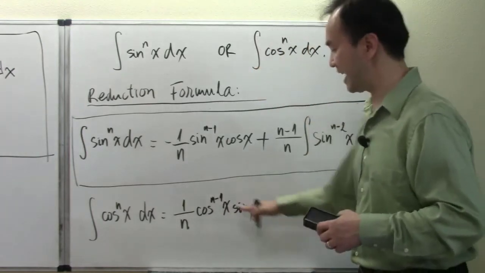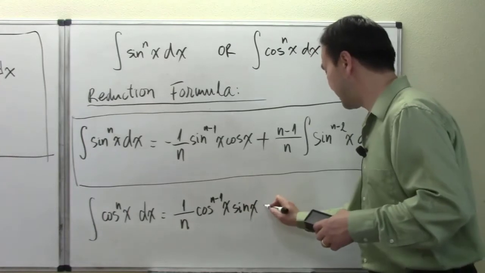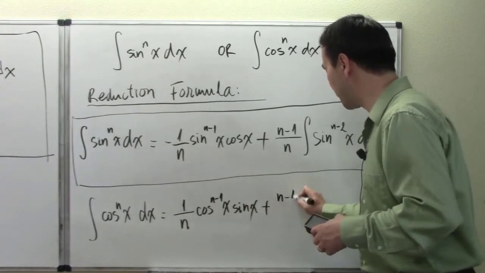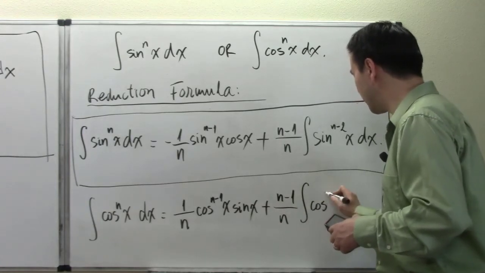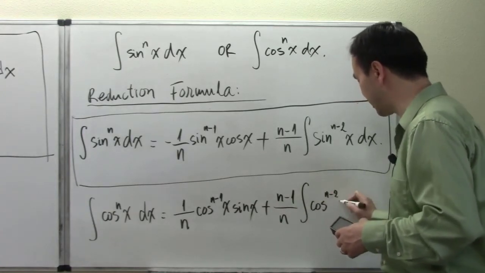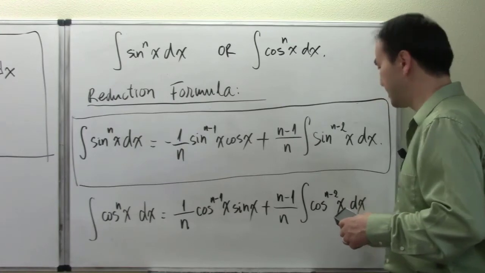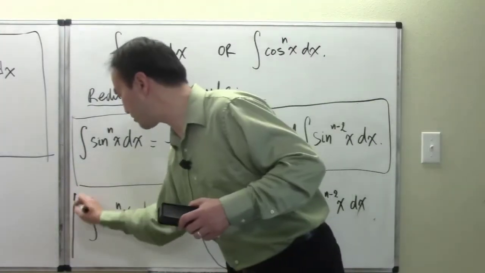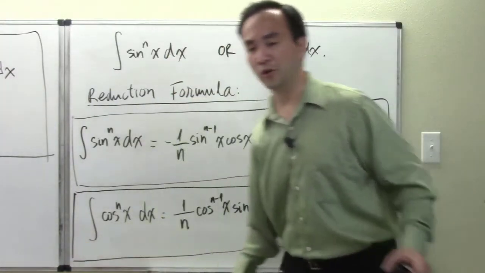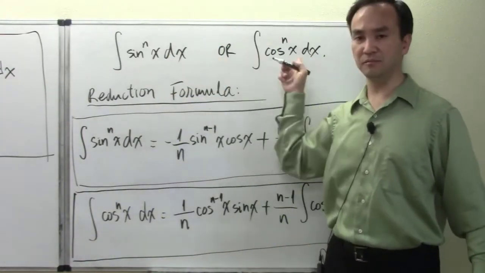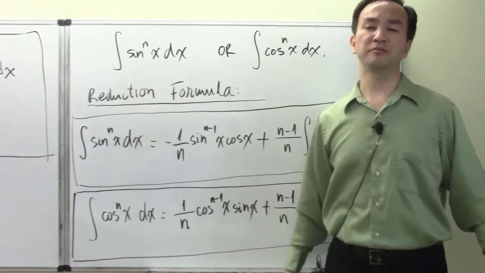That part has no integral sign. Plus, now we're going again, (n minus 1)/n times the integral of cosine to the n minus 2 of x dx. So yes, ladies and gentlemen, it's another reduction formula, specifically good for a high power of cosine or a high power of sine.